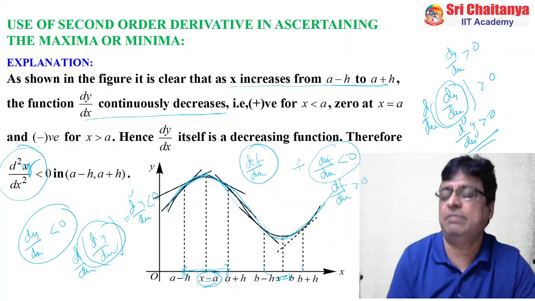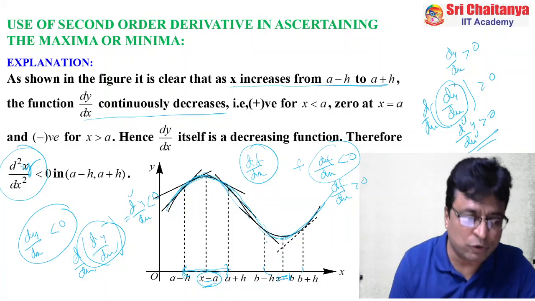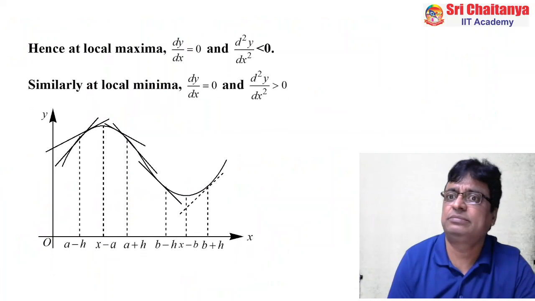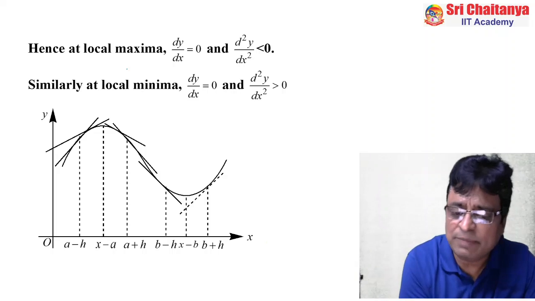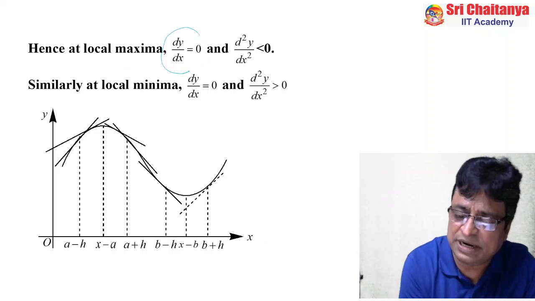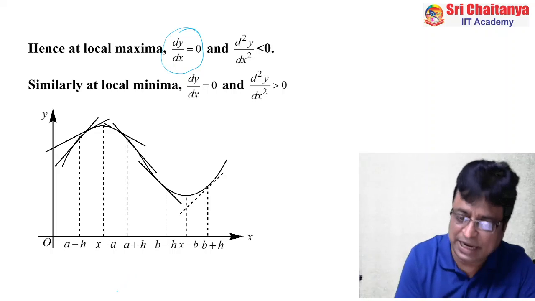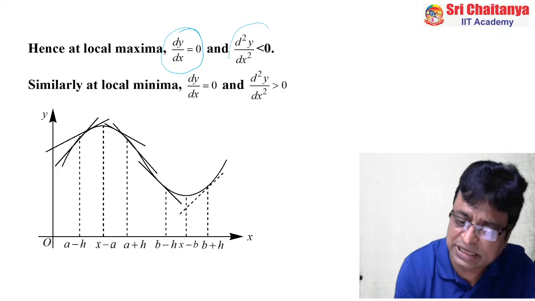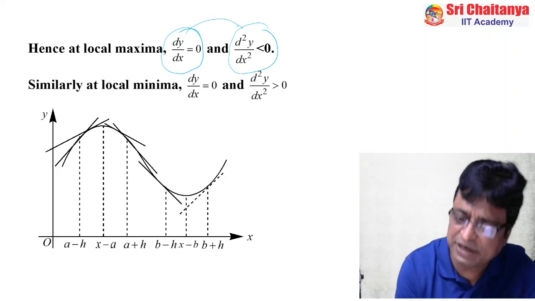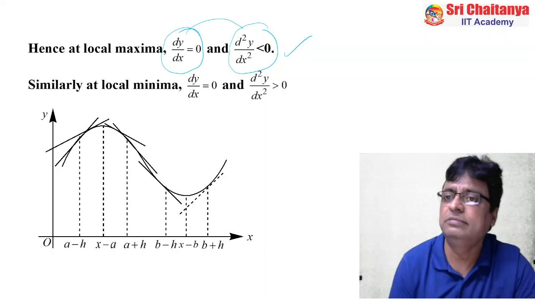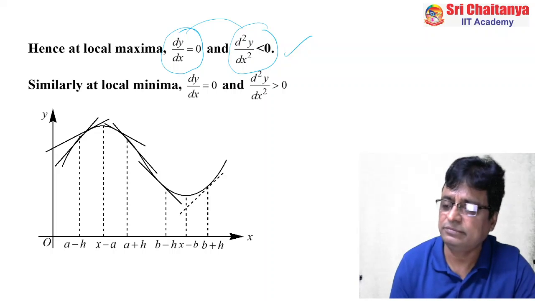Maximum and minimum. So what I am going to say is, at a local maximum, first of all, the differentiation of the function becomes 0, and the second derivative of the function is negative. That is, it is decreasing.